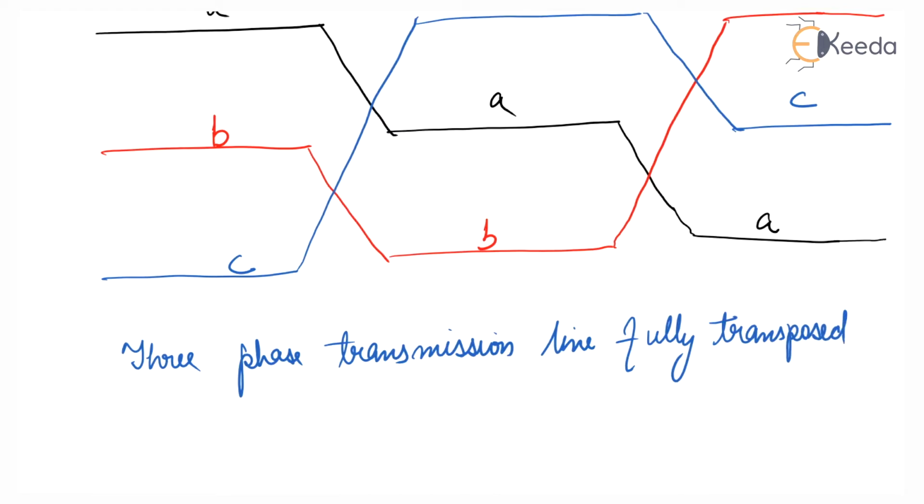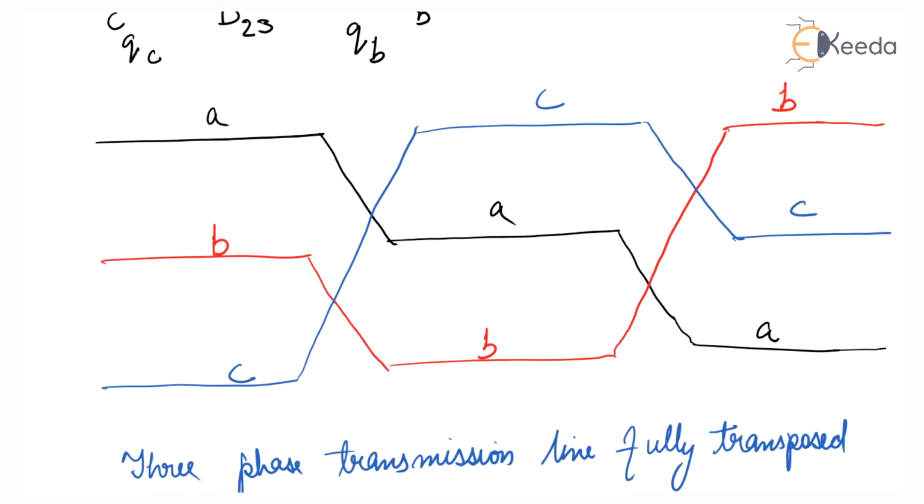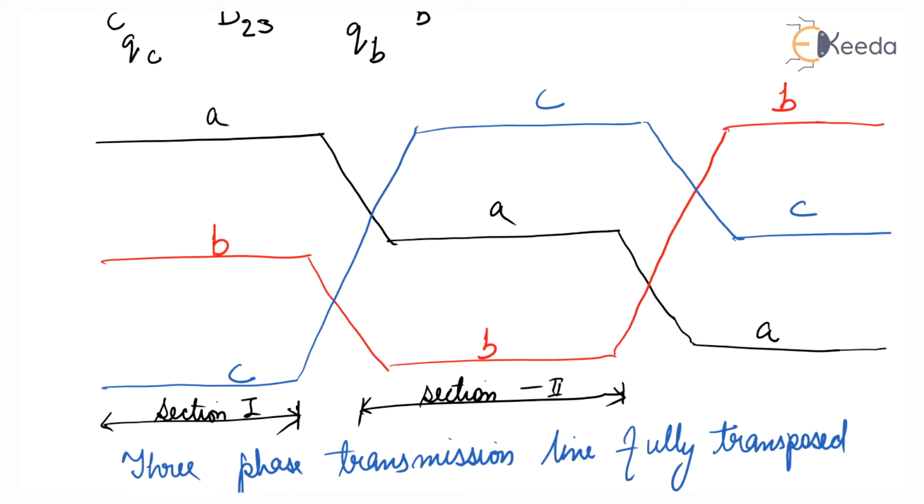Already you have seen this figure for inductance. So this is section 1, ABC, this is section 2, CAB, and this is section 3, BCA.